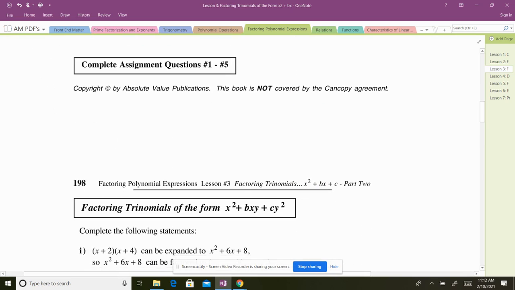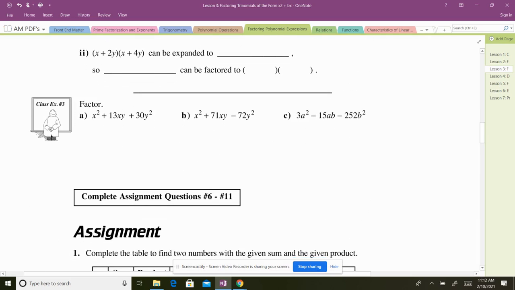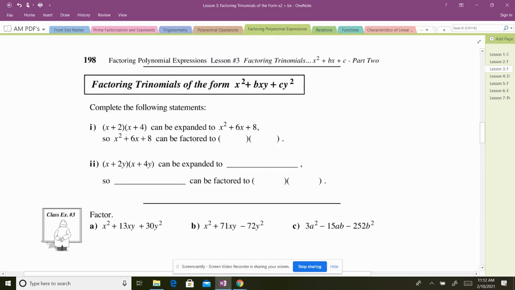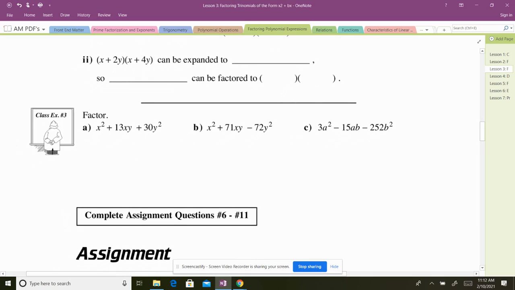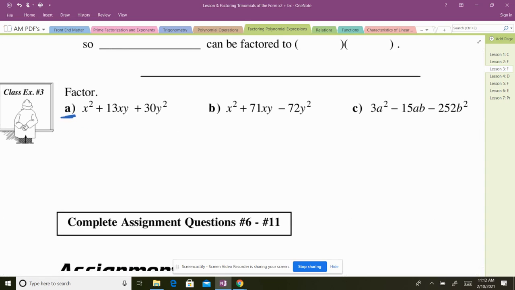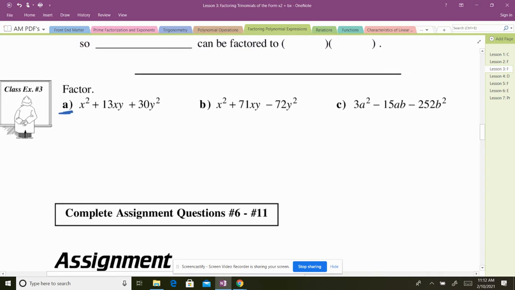We're going to do one other example, and then we're done. So next page, page 198, please. X squared plus 13xy plus 30y squared. The only difference with this is we now have x's and y's in the question, okay?